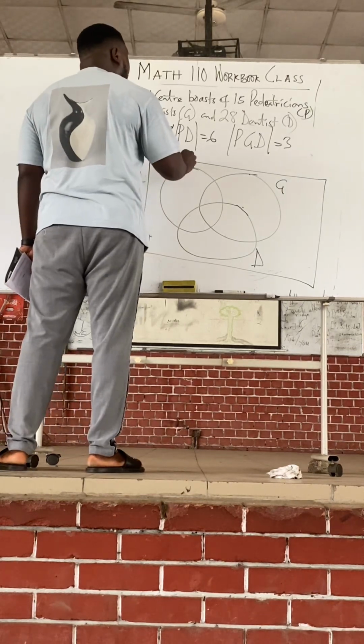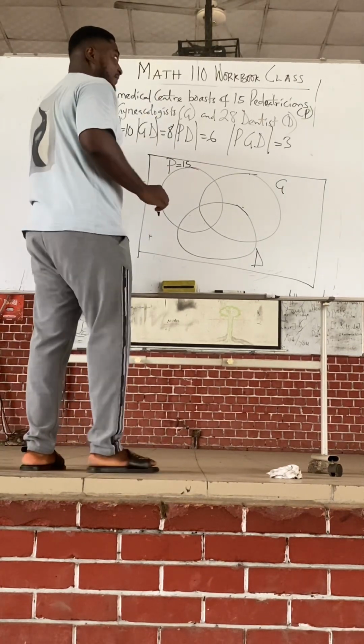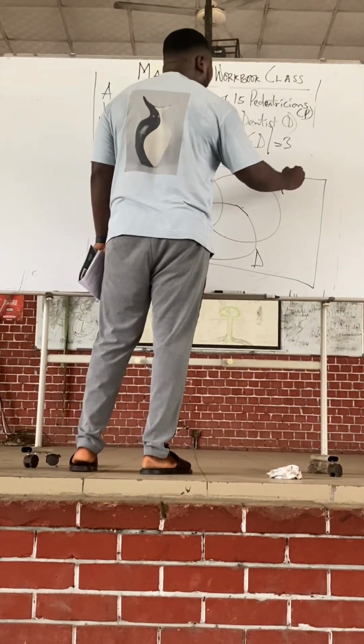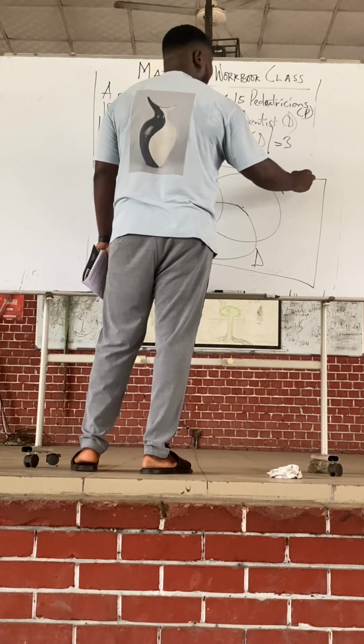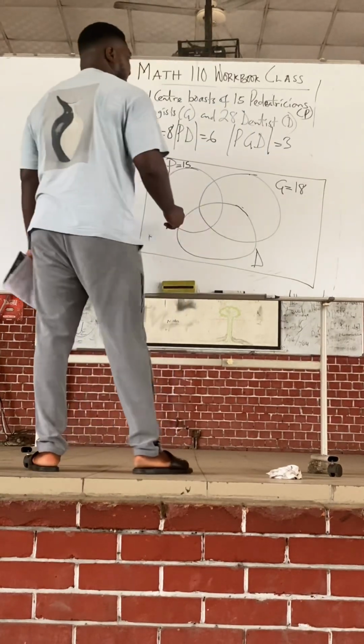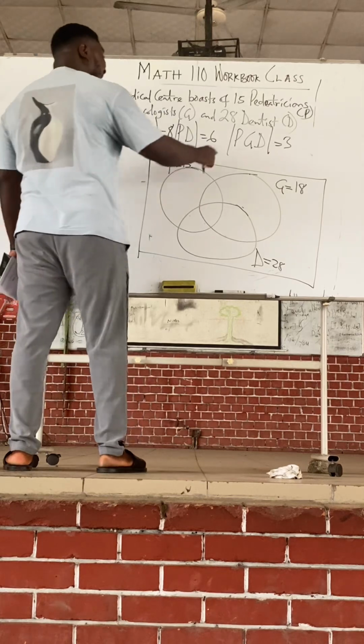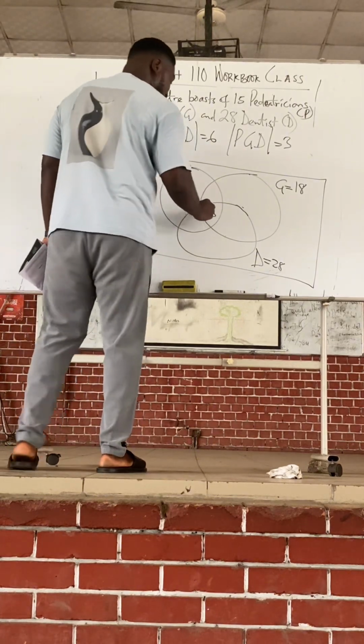Of course, this will still require you to solve. These numbers 15, 18, 20 are not the correct numbers to put inside. The only correct number here is PGD, which is 3.